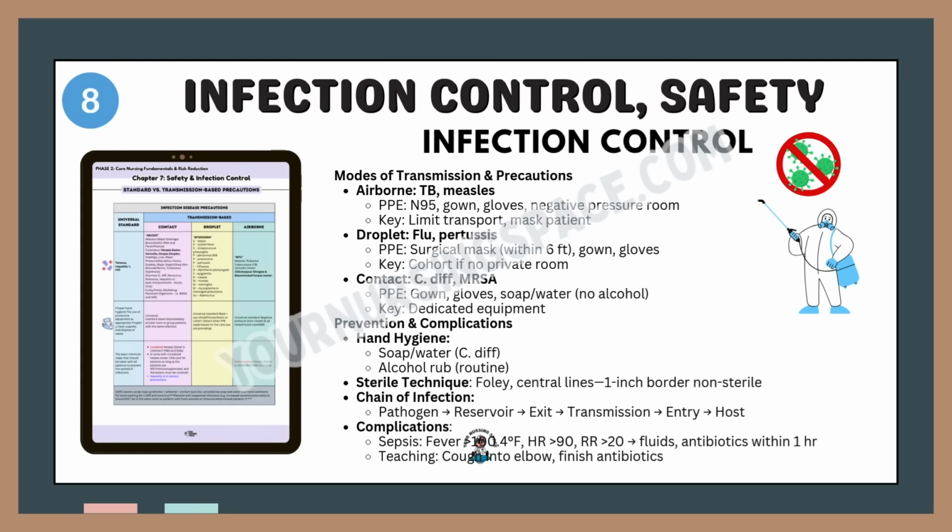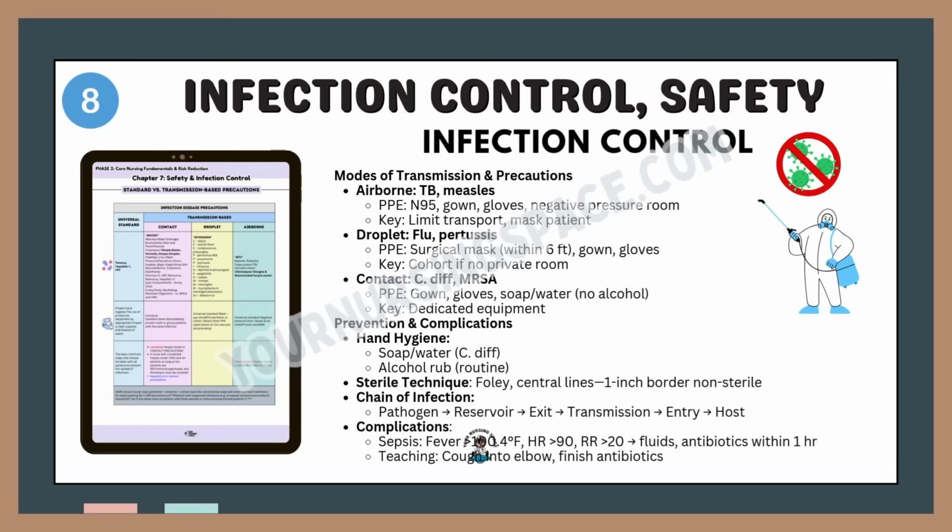All right, everyone, now we're diving into infection control, safety positioning, and perioperative plus postoperative care, which are absolutely crucial for the exam. Let's kick things off with infection control, since stopping the spread before it even begins is a huge deal.